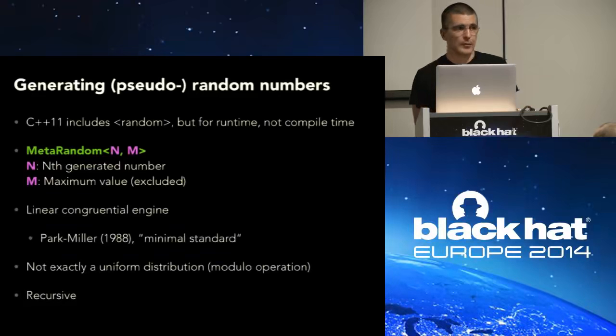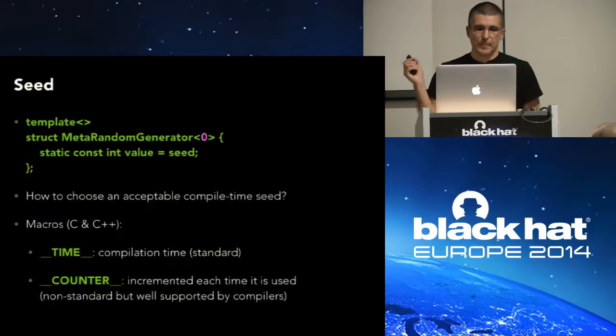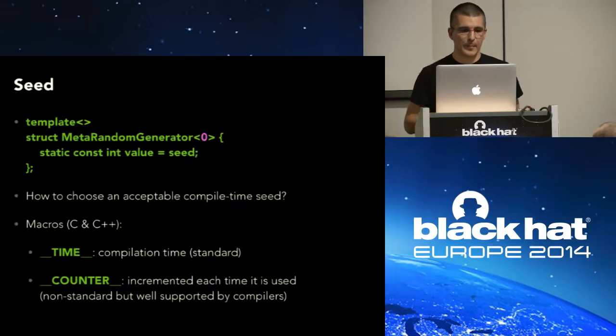I'm not doing cryptography. I'm doing obfuscation, and it's a recursive template. And I have something to generate a random number, but I need a seed for this engine. And it's not so easy to find a seed at compile time.